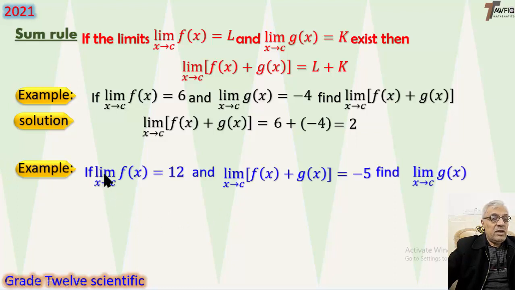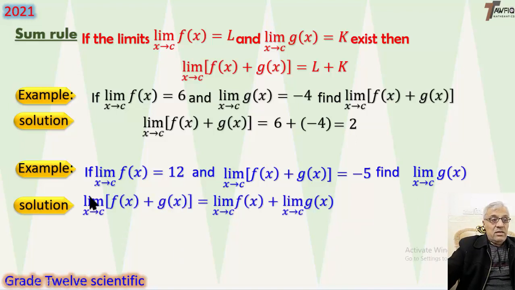Example: if the limit as x approaches c of f(x) is 12 and the limit as x approaches c of f(x) plus g(x) is equal to minus 5, find the limit as x approaches c of g(x).